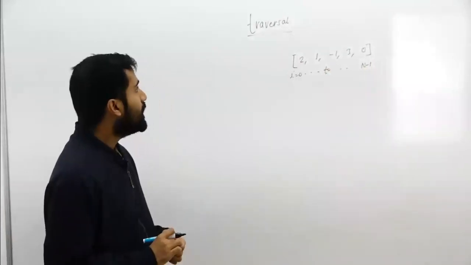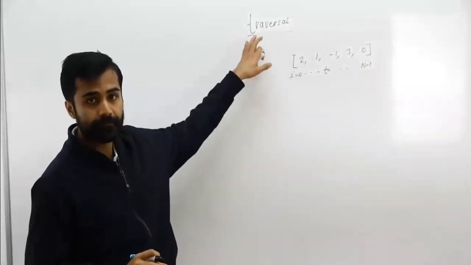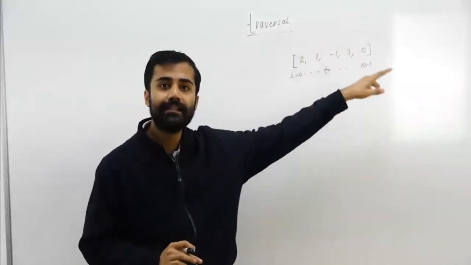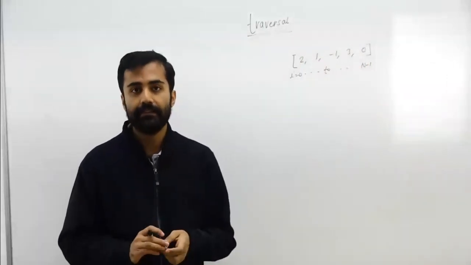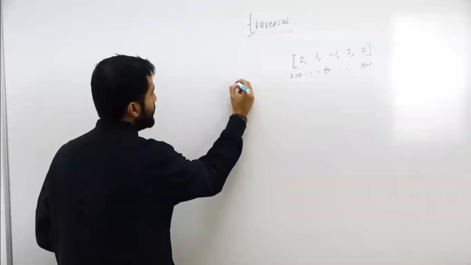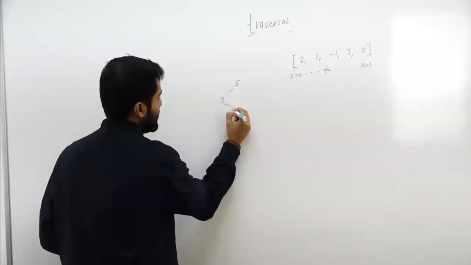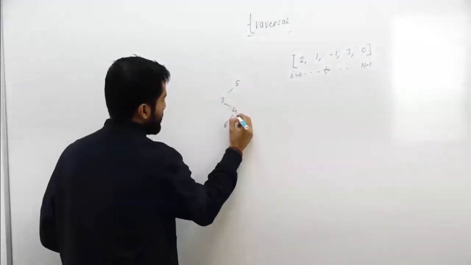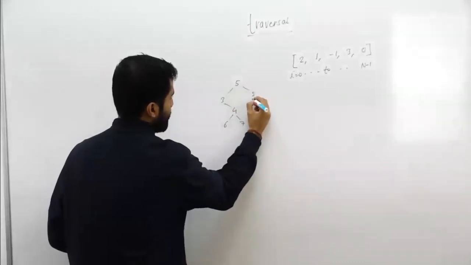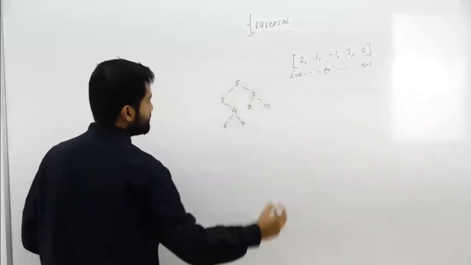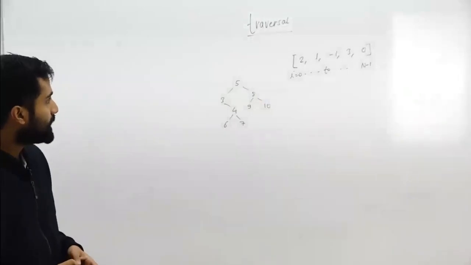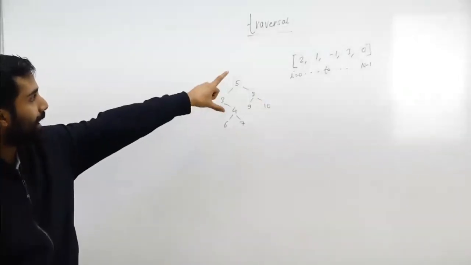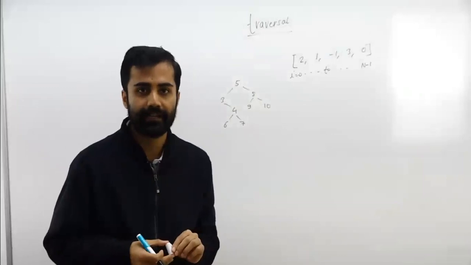But if we have a tree, which is not a linear data structure like an array, then what to do? For instance, you have a tree that, let's say, looks like this. Okay. Can you traverse this tree by using the same iterative technique?